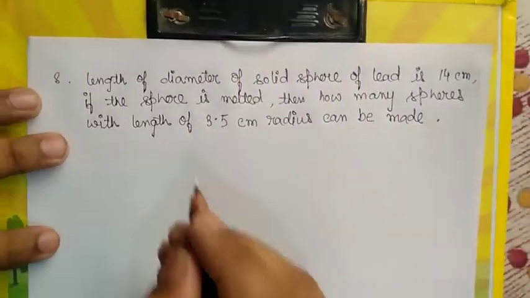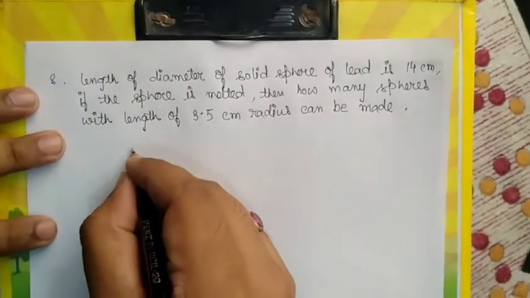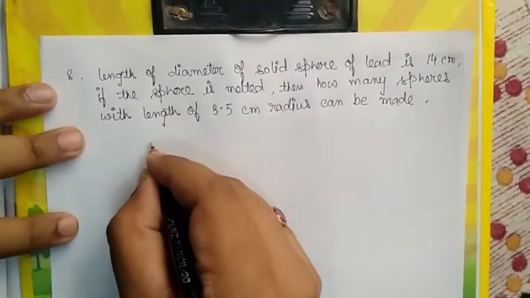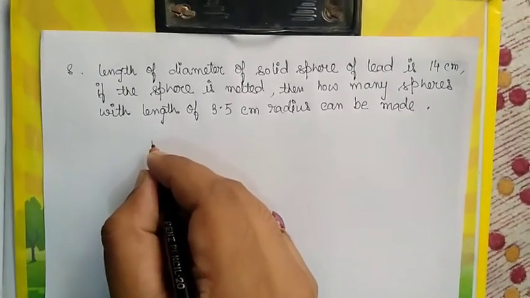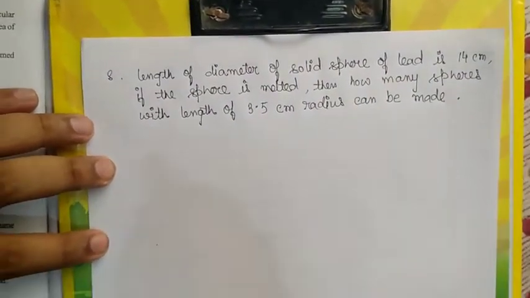Now first of all we have to assume the number of small spheres.